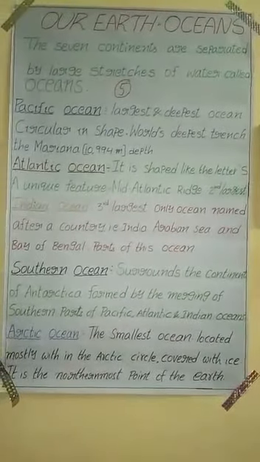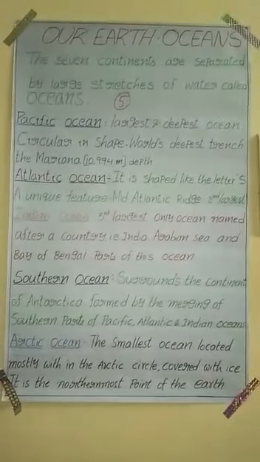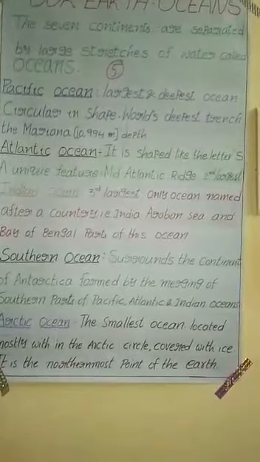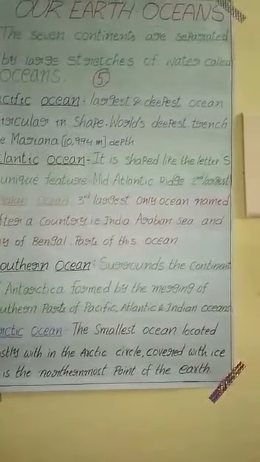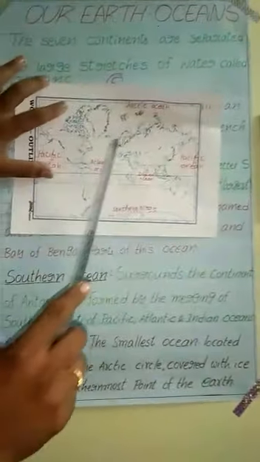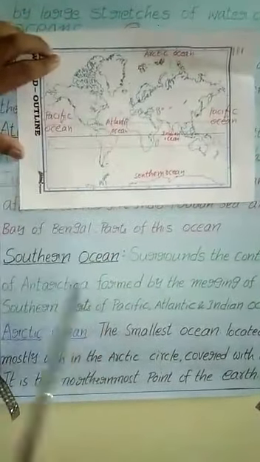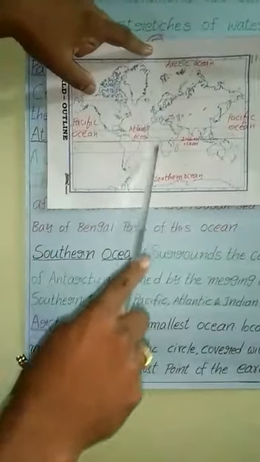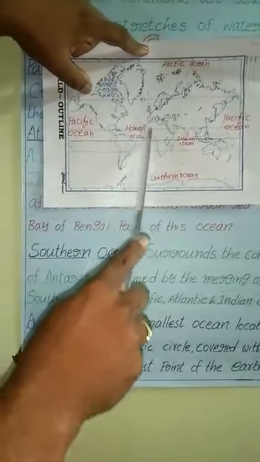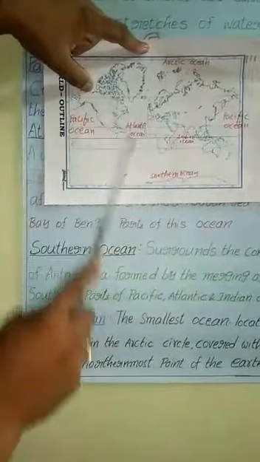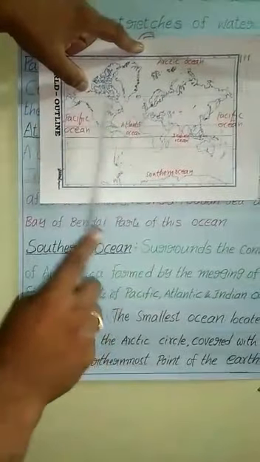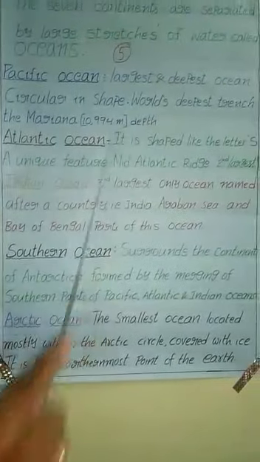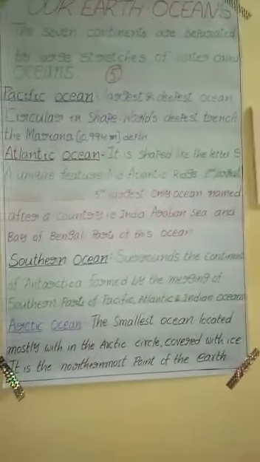And if you see the Atlantic Ocean, it is shaped like the letter S. If you observe the Atlantic Ocean in the world map, it is shaped like the alphabet letter S. This is also Atlantic Ocean here. It is located between Africa and Americas. That's why it is shaped like the English letter S.